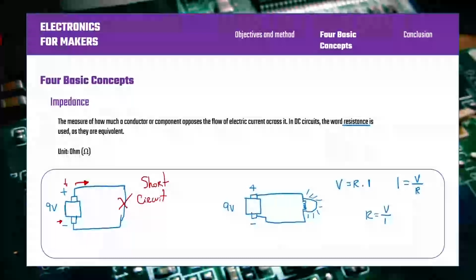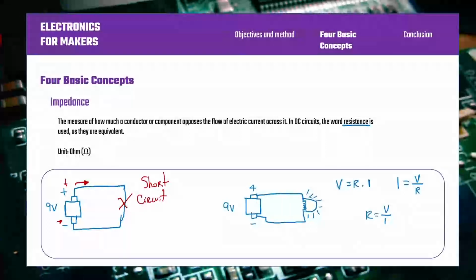If R is 0, which is mathematically impossible, you see that it is in the denominator of the operation, which means that as resistance gets lower and lower, the current goes higher and higher.